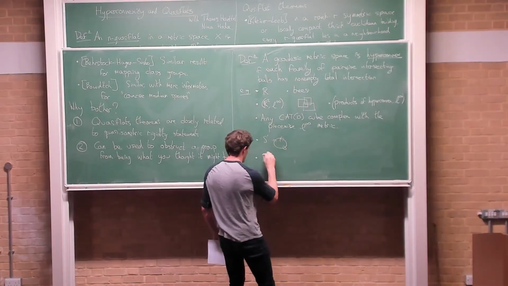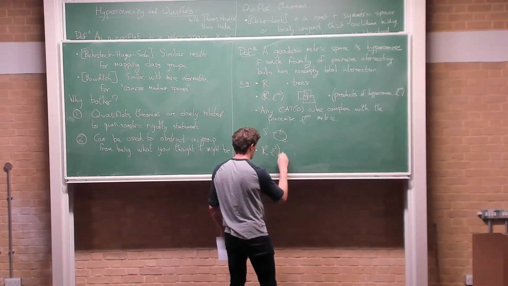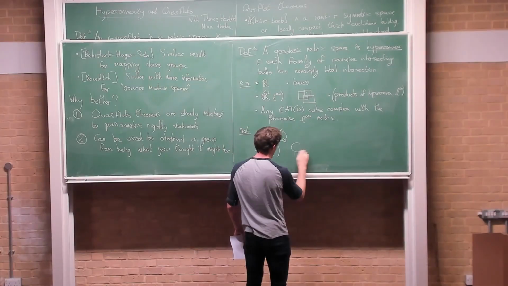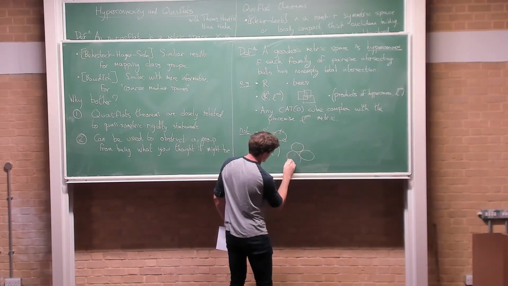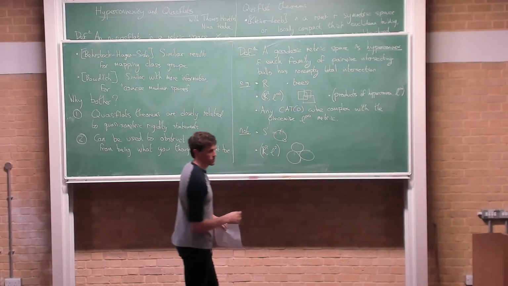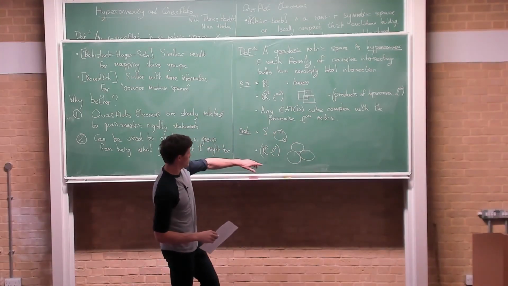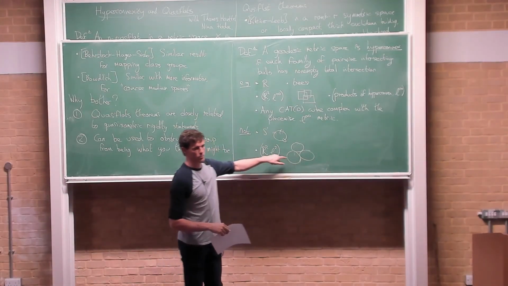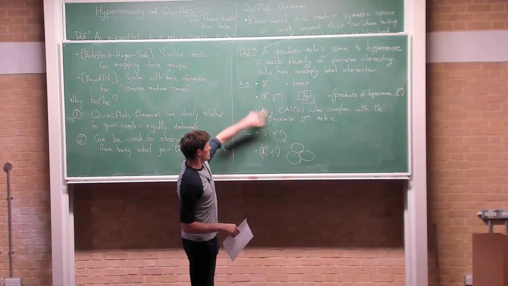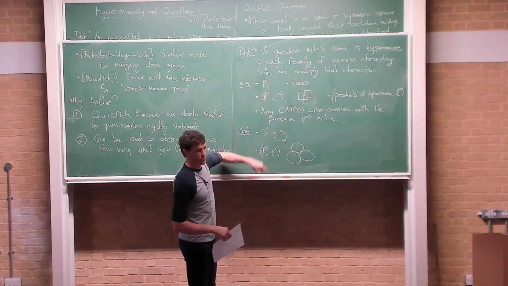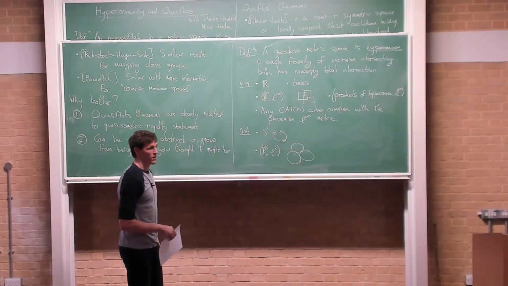Another example would be the plane, or the actual Euclidean plane, because I can take three pairwise tangent circles, and again, they intersect pairwise, but there's no point that lies in all three. So this tells you that it's quite sensitive to the metric that you choose, whether it's hyperconvex or not.